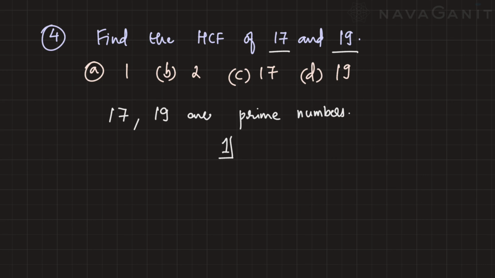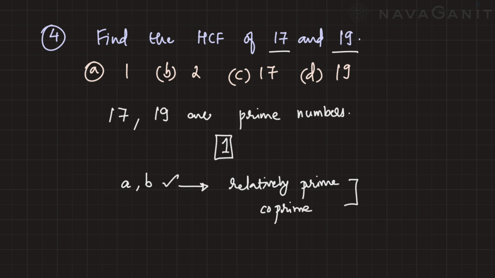Because if you remember, if a and b are both prime numbers, they are relatively prime. They are also called coprime. That means their HCF would always be 1. So in this case, the correct option is A, 1.